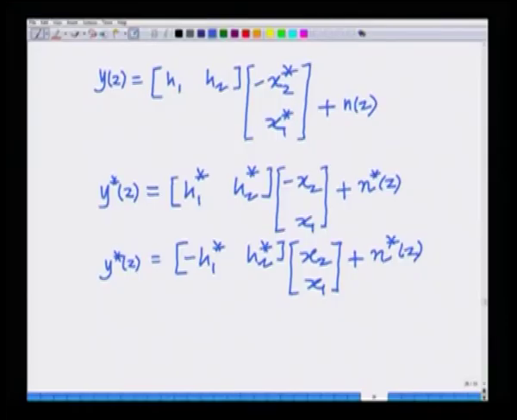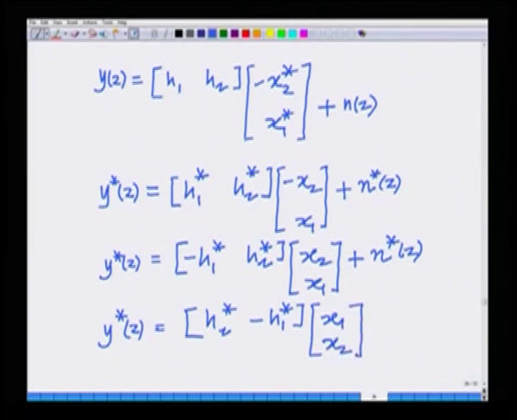Remember, this is not flipping the order on the transmit antennas, this is just mathematical notation. Instead of writing h1 h2 conjugate, I will flip this as h2 conjugate minus h1 conjugate. Similarly, I will flip the x1 x2 here. Hence, I can write y2 conjugate equals h2 conjugate minus h1 conjugate x1 x2 plus n conjugate of 2, and now I am in business.